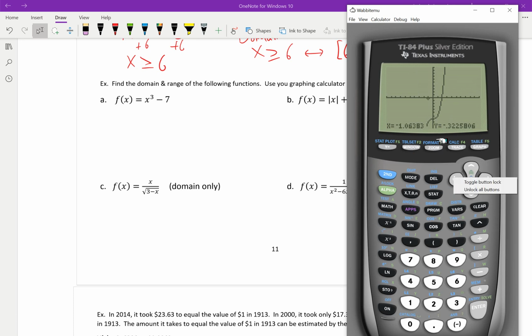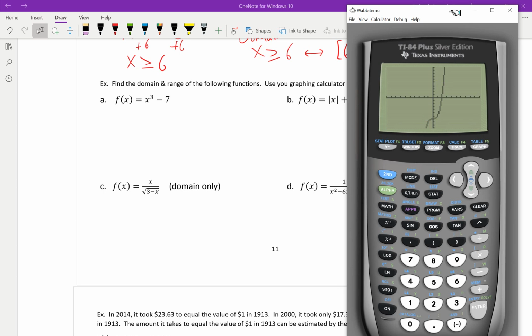So if we were to zoom out, there's a little bend right there, and then this branch just keeps on going down and down and down. And then there's this little bend, and my graph just keeps on going up and up and up.